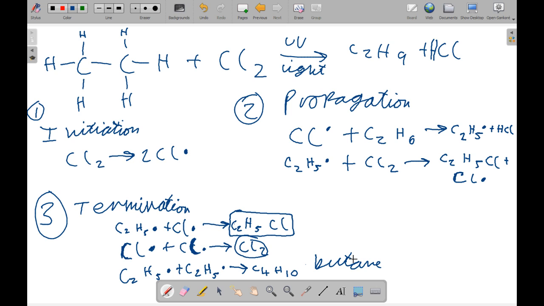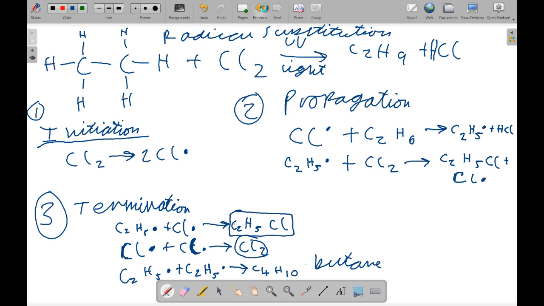So that's it for this tutorial. The steps you have to remember for radical substitution are initiation, propagation, and termination.